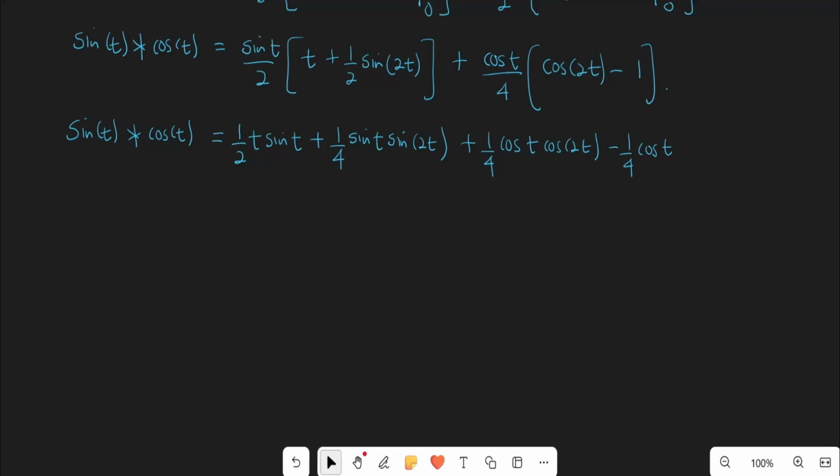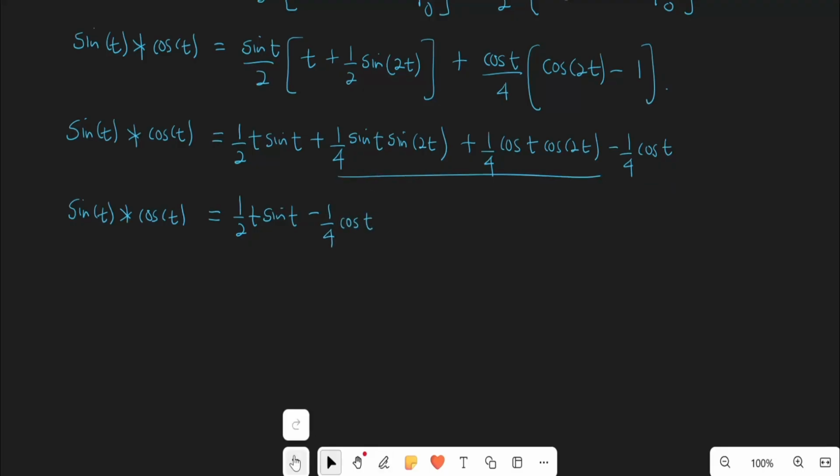With this one, we can see that the sine of t convoluted with the cosine of t is equal to, so I'm going to bring this one and this one together for now. That is going to be 1/2 t times sine of t, and then this one is going to be minus 1 over 4 times the cosine of t.